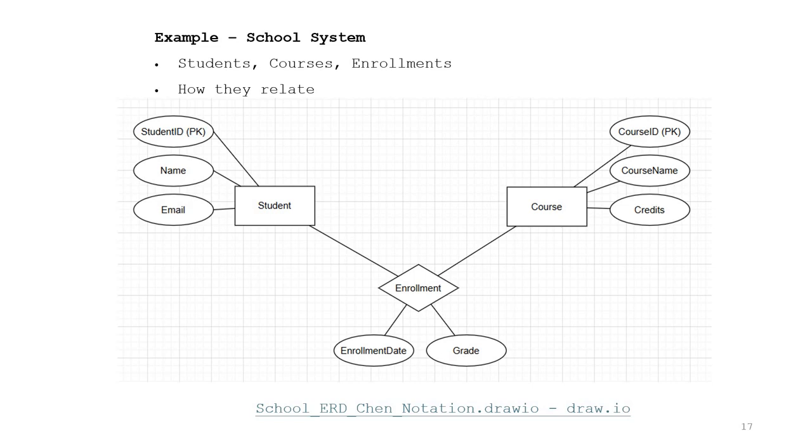Also for the enrollment, we can add attributes. Okay, so to draw this ERD, we can find a lot of softwares online for free. So we can use the shapes there and draw this diagram.